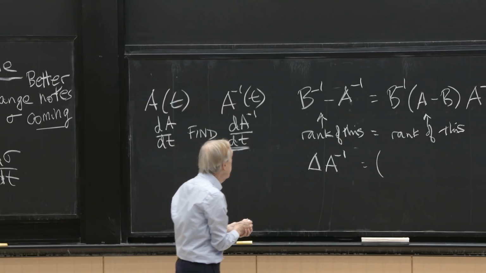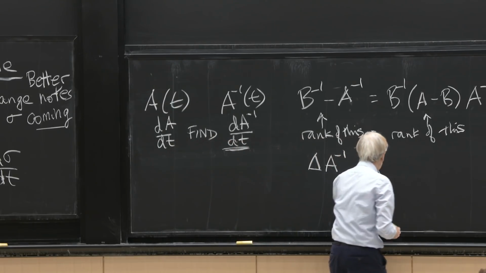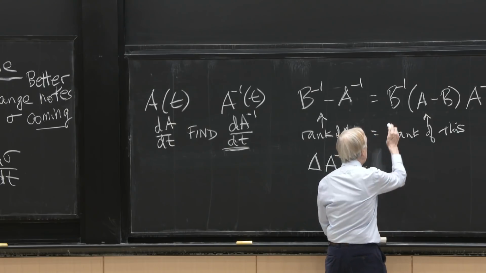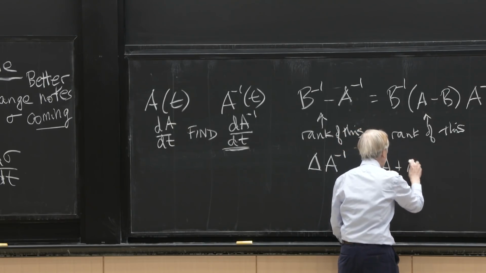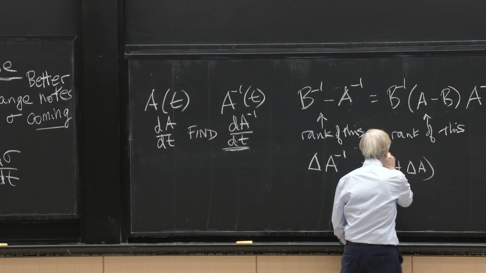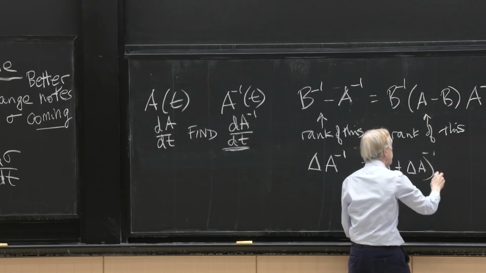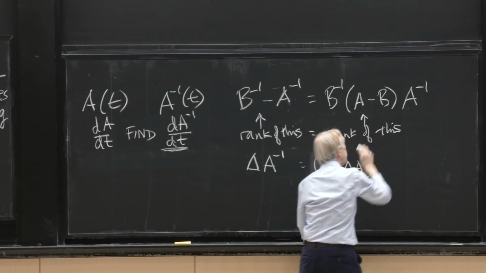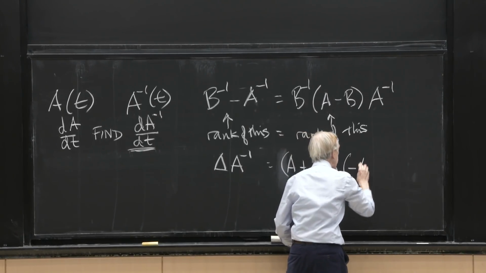Yeah. This is A plus delta A inverse. And this is, well, that's A minus B, so that's really minus delta A.